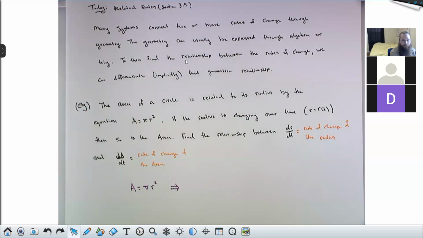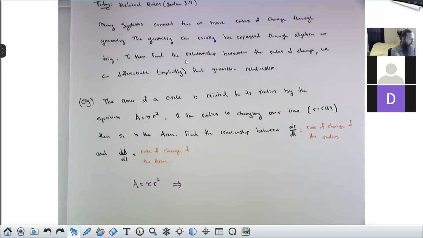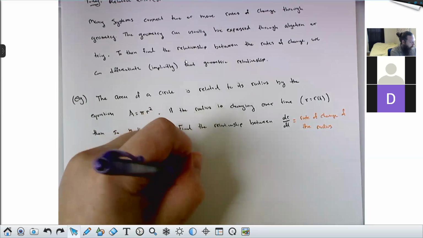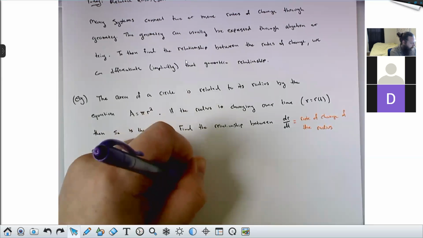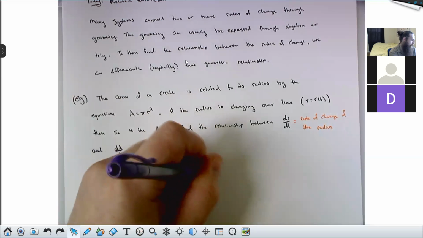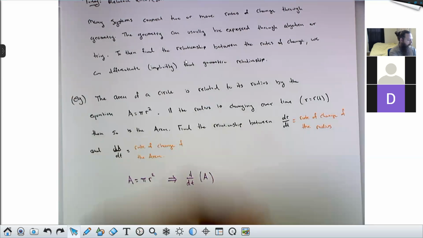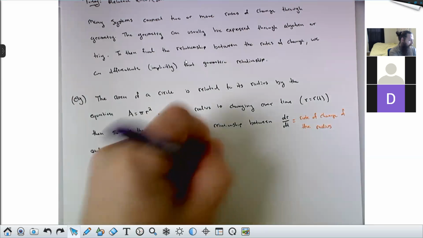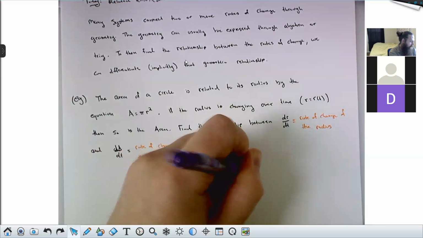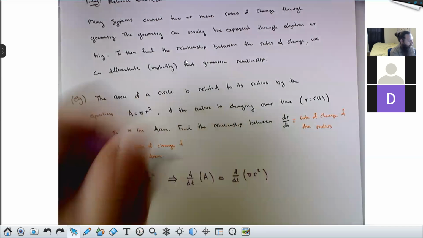I'm assuming that the radius is changing over time. So my independent variable, the thing I'm trying to find the rate of change with respect to, is t, which means the operator I should apply to both sides is d/dt. So on the left-hand side, I would have d/dt of A, and on the right-hand side, I would have d/dt of pi r squared.